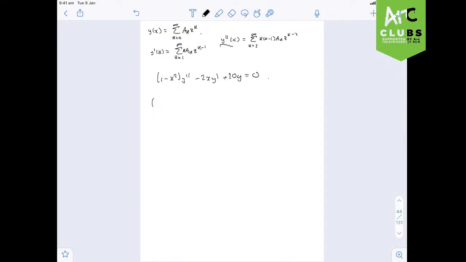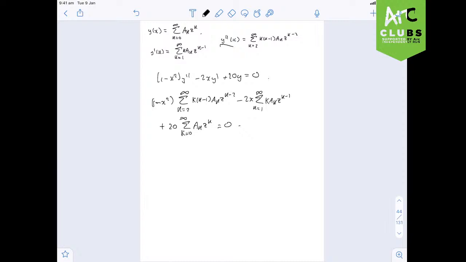So 1 minus x squared times that sum, minus 2x times the other sum, plus 20 times y, which was the sum a_k z^k, and that has to be 0.